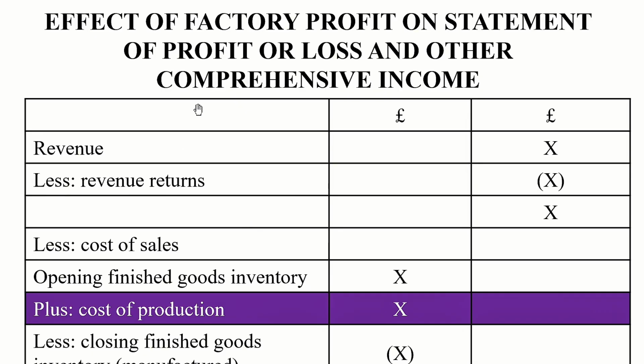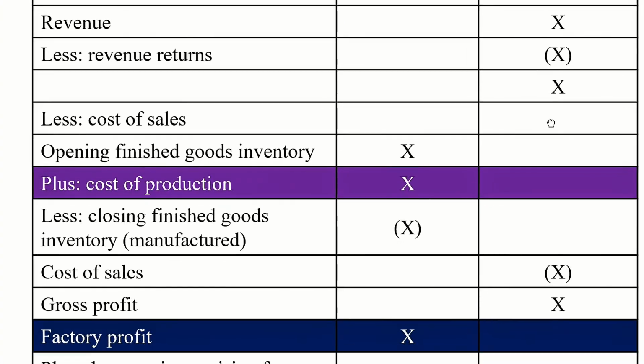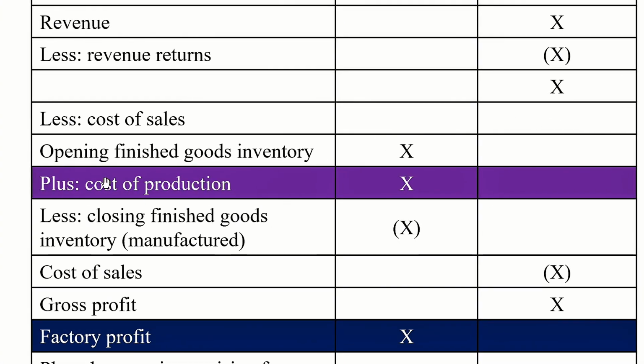factory profit on statement of profit or loss and other comprehensive income. Revenue, take away revenue returns or sales return in order to find the net revenue. Less cost of sales: opening finished goods inventory, plus any cost of production that we figured out from the manufacturing account, less closing finished goods inventory, to find the cost of sales, and then the gross profit.